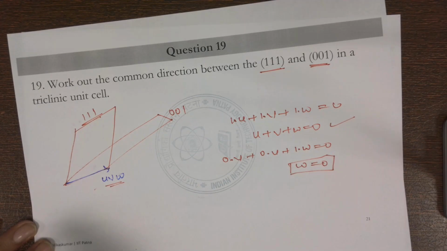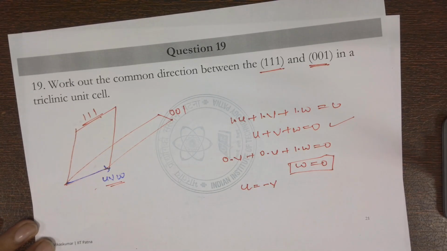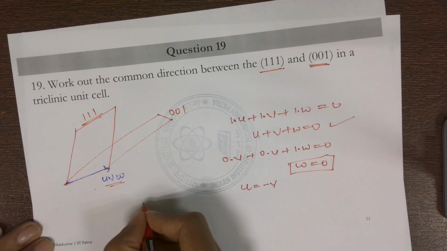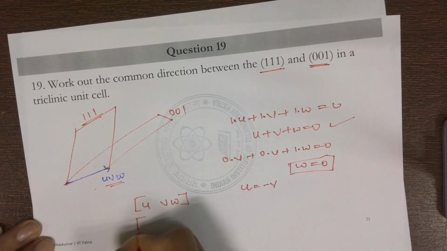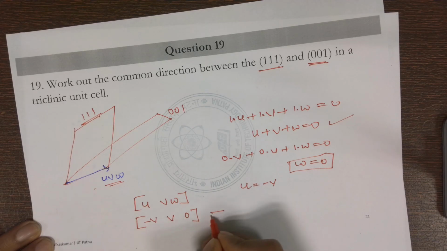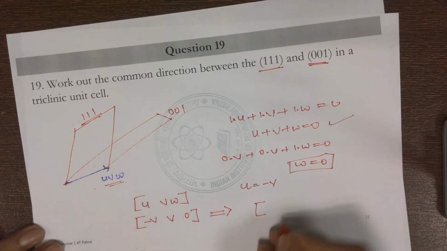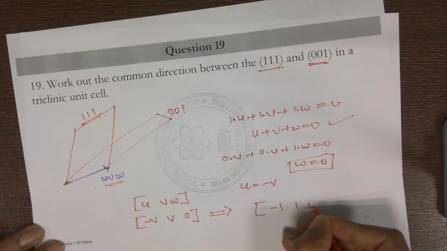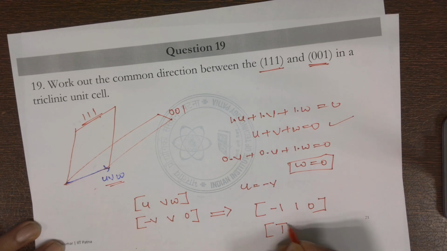W is 0, so we get that U will be equal to minus V. All we need to find is U, V and W. U is minus V, V we can write as it is, and W is 0. We can reduce them to the smallest possible integers. We'll divide all of them by V. Minus 1, 1, 0. Again, we'll write the bar at the top.